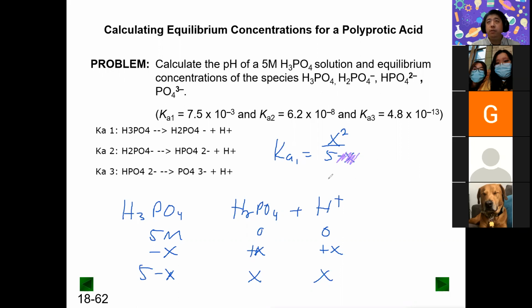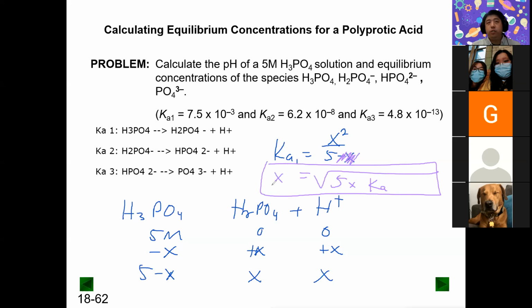This just simply becomes square root, so x is equal to the square root of 5 times your Ka1. Anyone have questions up to this step right here? All we did up to this part was just weak acid equilibria, as if we were solving for the H plus value of a weak acid. Okay, assuming no one has trouble getting up to here.